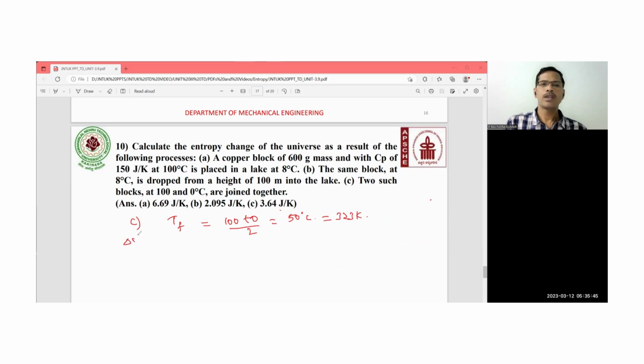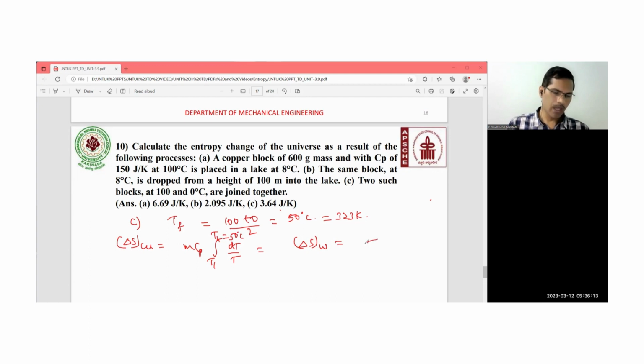Now the change in entropy of the copper block is again mCp integral from T1 to T2 of dT by T, with 50 degrees centigrade being 323 Kelvin.